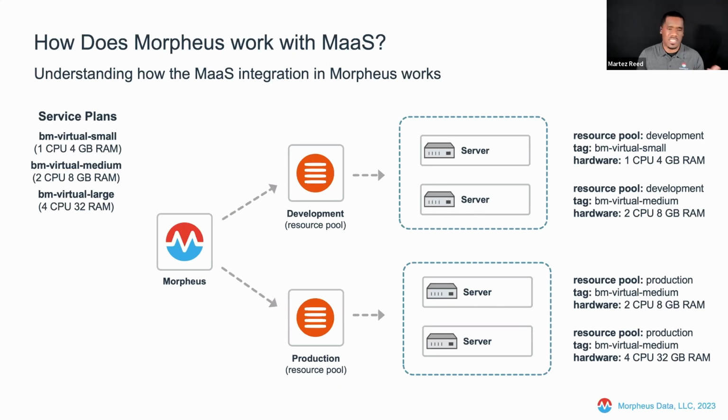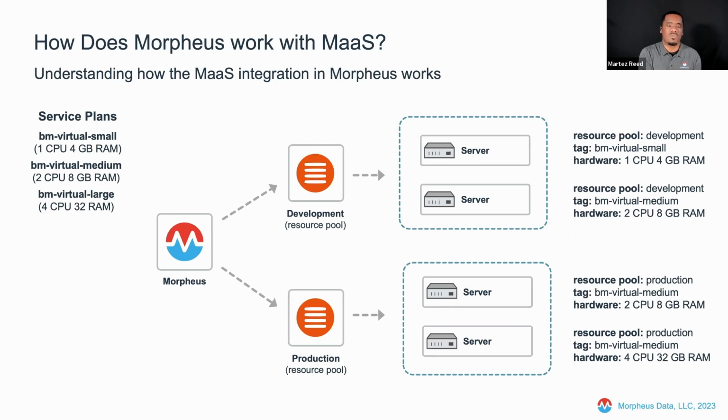It may have some specific hardware designations between them, but in a general case, that's what I've done for my delineation. Within my resource pools, I can also utilize the construct of tags. There are tags within Canonical MaaS that I can use to map to service plans within the Morpheus platform. We'll delve into that.